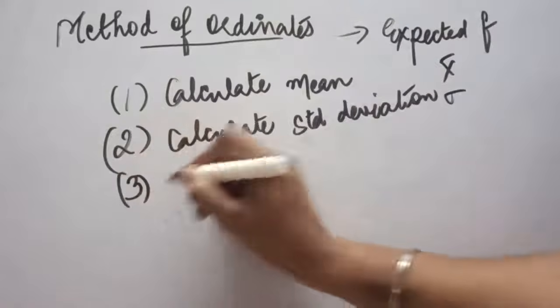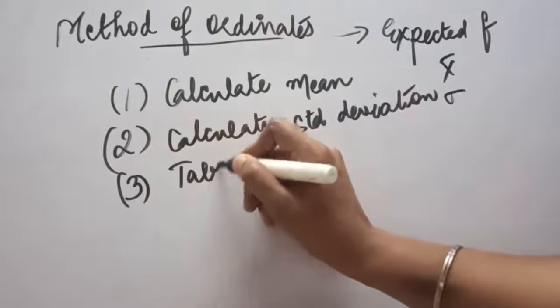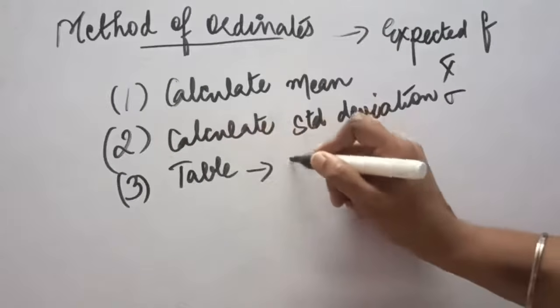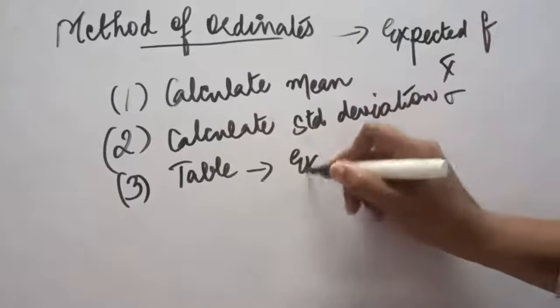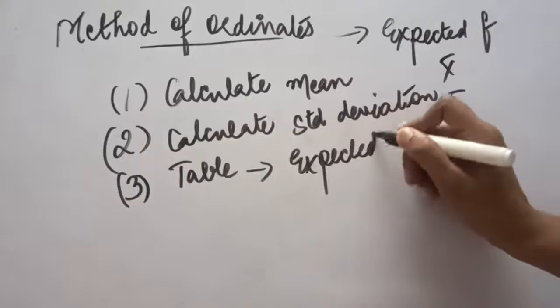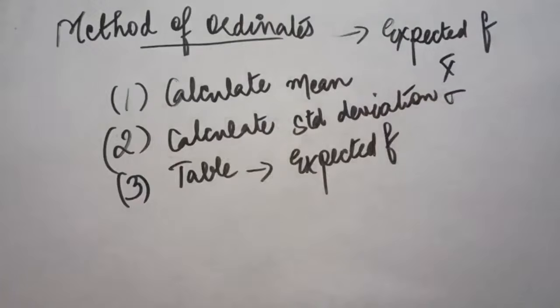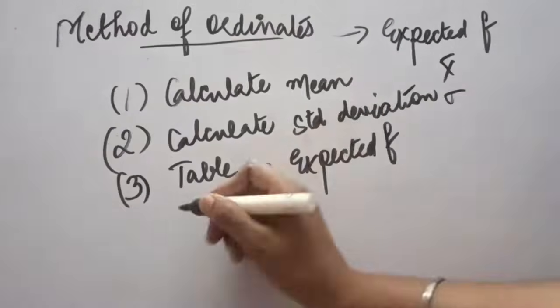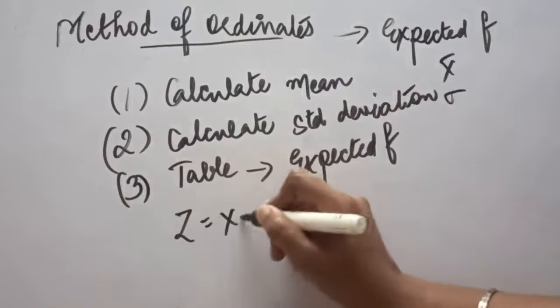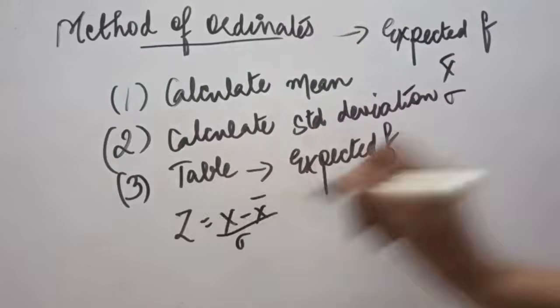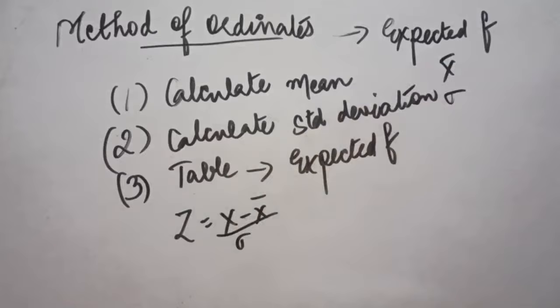In the third step, we will prepare a table from where we are going to calculate these expected frequencies. In that table we will calculate Z with the help of this formula that we have already done in case of normal distribution.